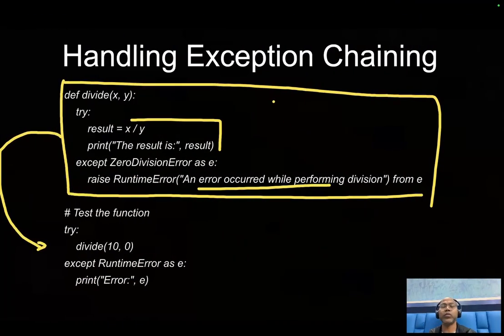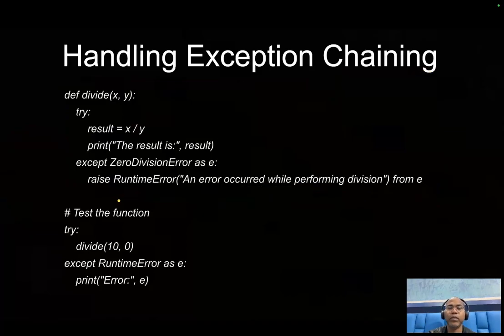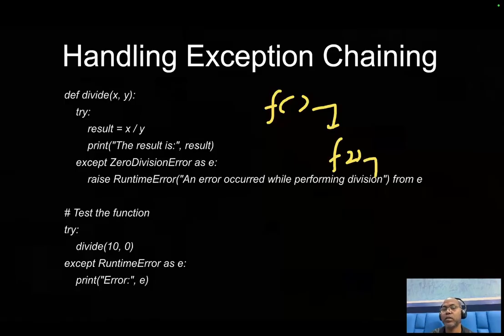So this is known as an exception chain. You are propagating the exception from one place to another. Let's say this is the f1 function, you call the f2 function, you call the f3 function.